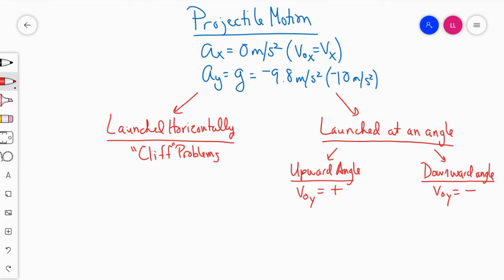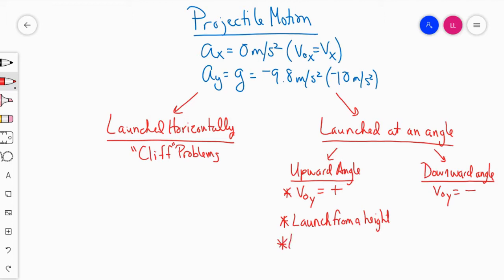Now again, you can do different things, especially with the upward angle ones. So I can launch from a height, which is kind of like if I'm a golfer launching from a tee box that is above the hole.